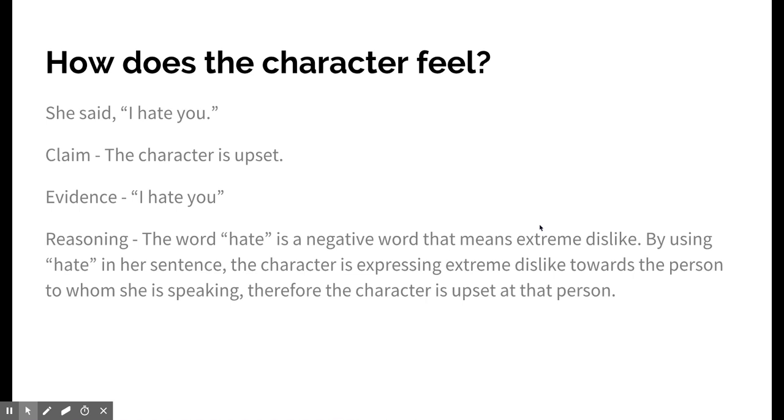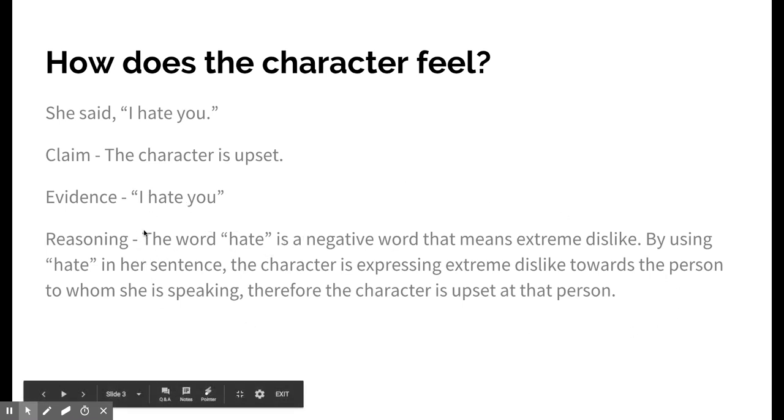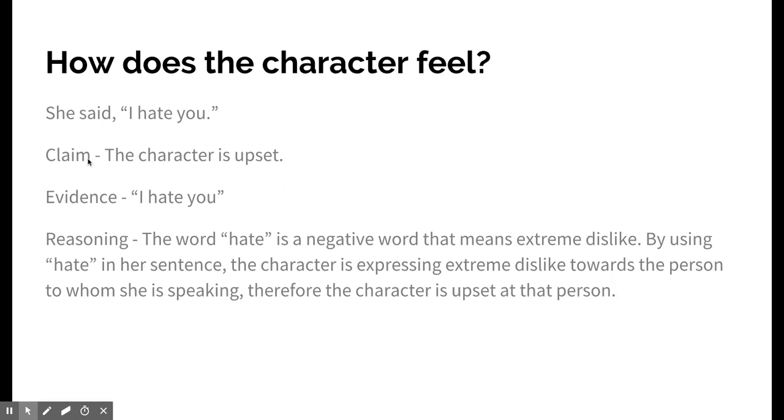So I've got my claim, my evidence, and then my reasoning. And it's all in this one sentence, or two sentences right here. You don't even have to say, my claim is, my evidence is. It's right here. The word hate is a negative word that means extreme dislike.